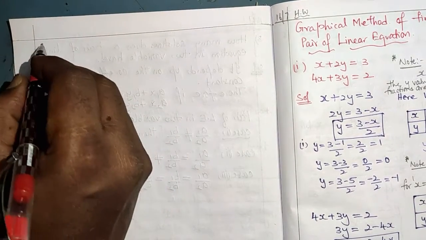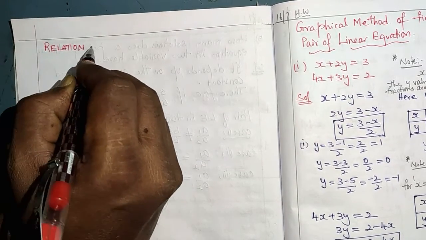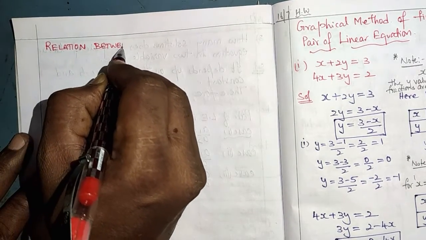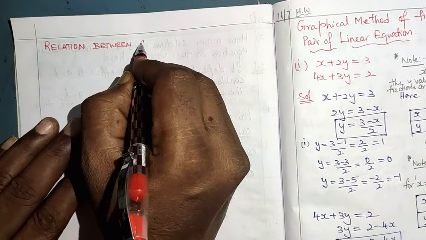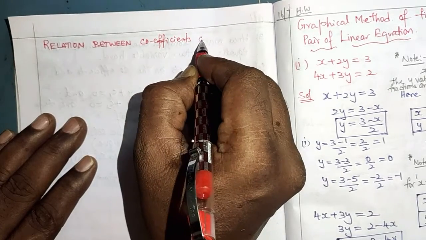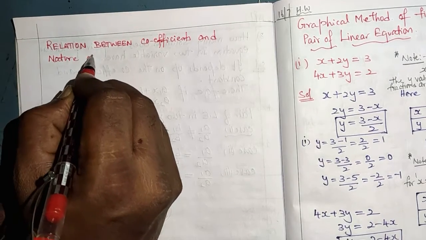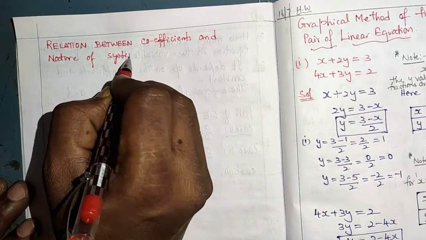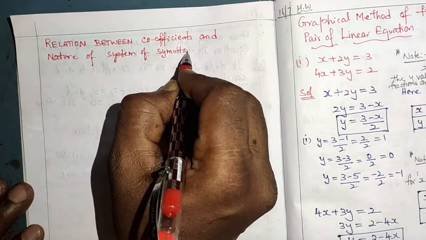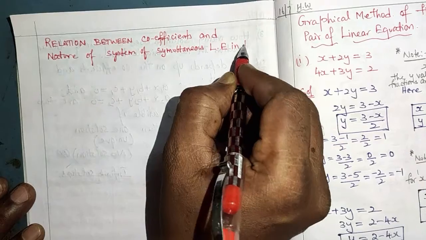Now, let us write what is the relation. Relation between coefficients and nature of system of simultaneous linear equations in two variables.